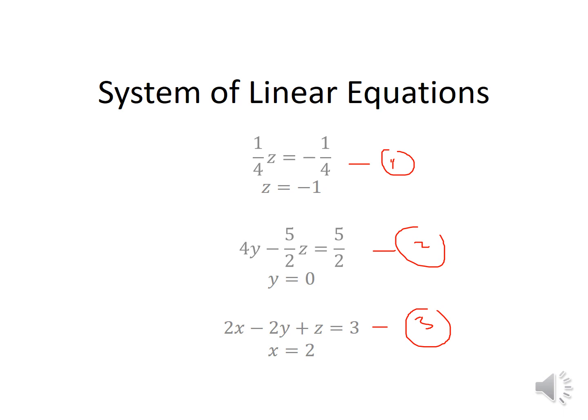Then you get y value. After we have y and z value, we substitute into the third equation and get x value. So the answer for this system is x equal to 2, y equal to 0, and z equal to minus 1. You can substitute this value into our system to verify the answer.